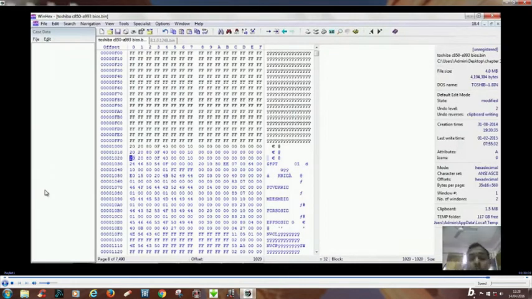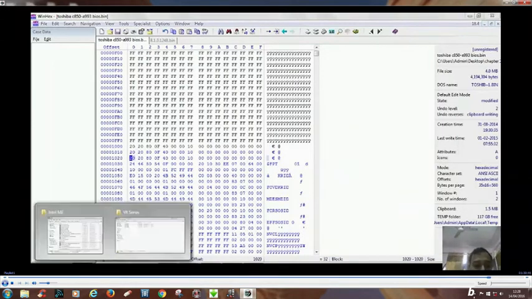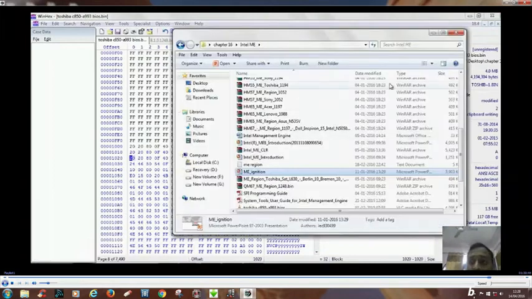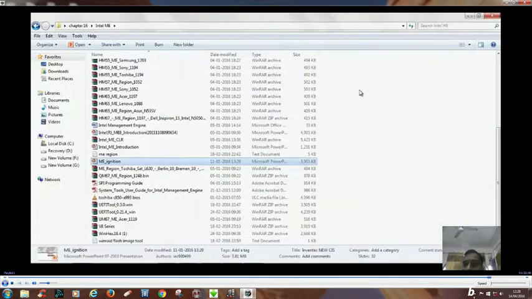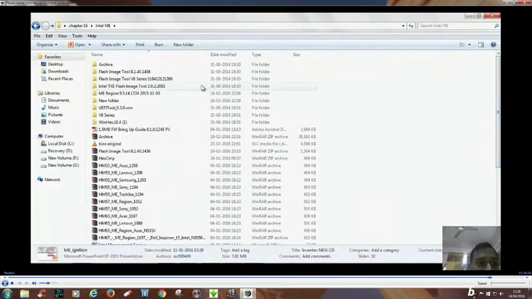But I will also tell you about the next way, how to create a working BIOS file, how to edit the AMI region. So I will again repeat what I have done. We have to keep two software. What are those two software?